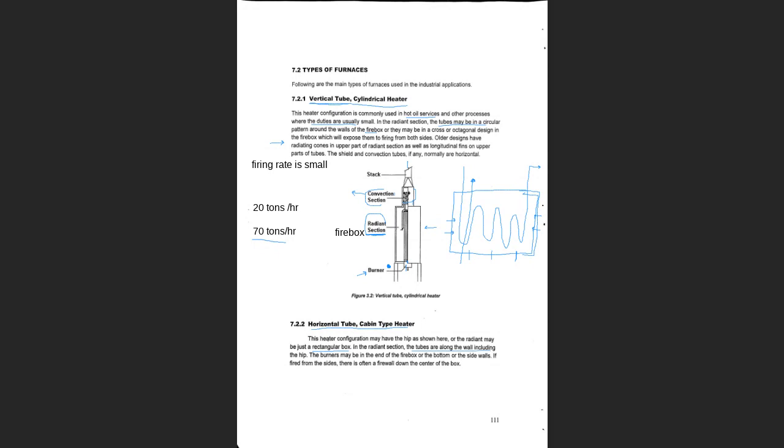Notice that in the first type, the coils might be along the wall, or they could also be in the middle of the furnace. But in the horizontal tube furnace, the tubes are along the wall only. It would be difficult to make a 3D.